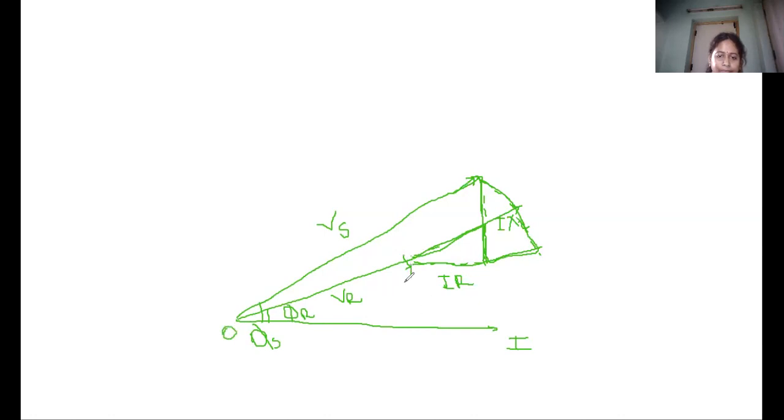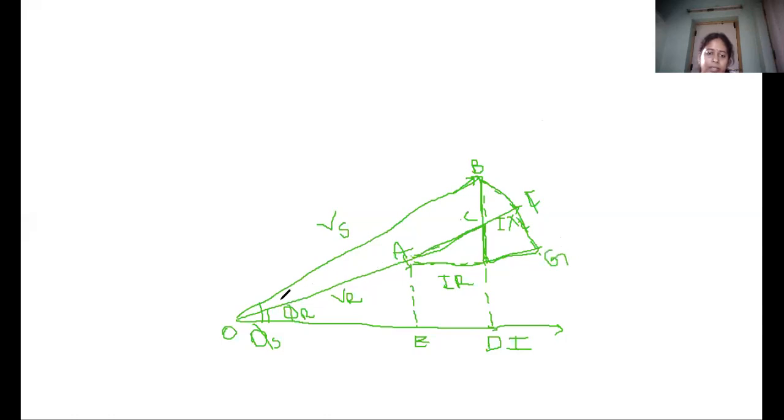Nothing but rho, and this point is E, and this point is D, A, B, C, D is also there, F, and this is for G.